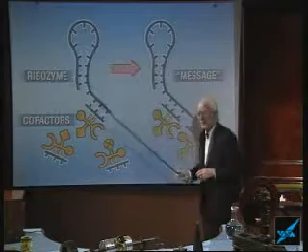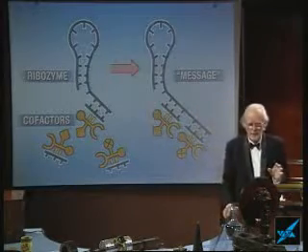Now, many proteins have what are called cofactors. They have attached to their surface, at their active site, some compound which is not an amino acid, which helps them to carry out some particular chemical reaction.